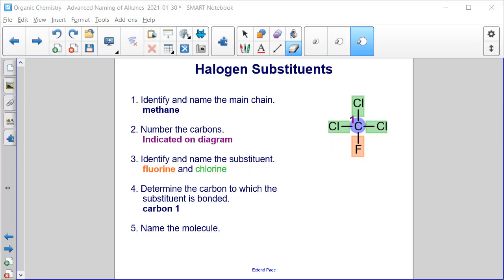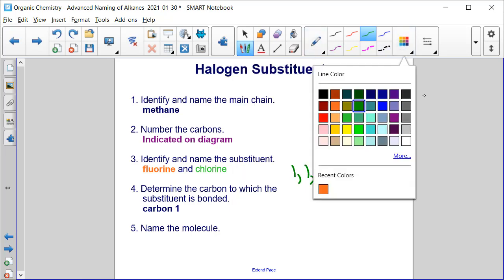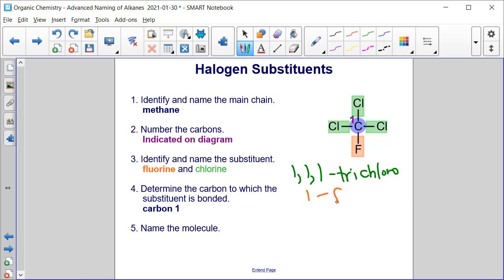All right, the last step here is to just name the molecule, and it's going to be kind of funky, but we have 3 chlorines, right? 1, 2, 3 chlorines, all bonded to carbon 1. So the way we write that is 1,1,1-trichloro, and then the next one is a fluorine group, so we write 1-fluoro. We make sure we write them in alphabetical order, so the C in chloro comes before the F in fluoro.